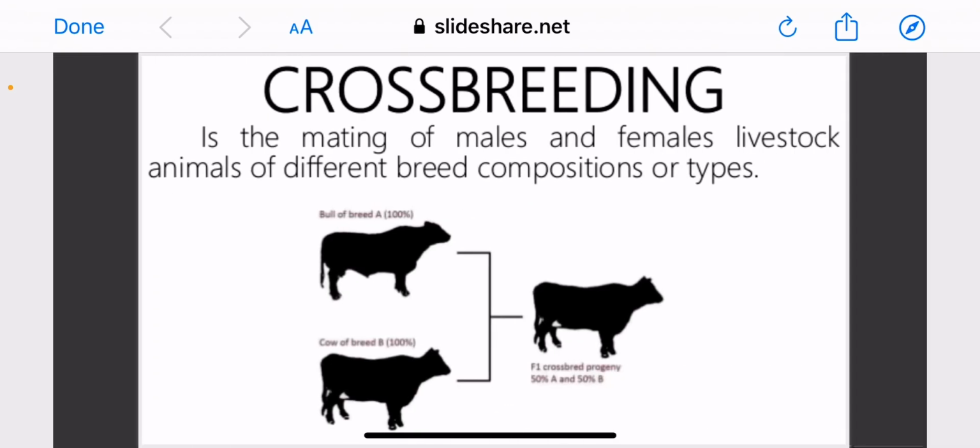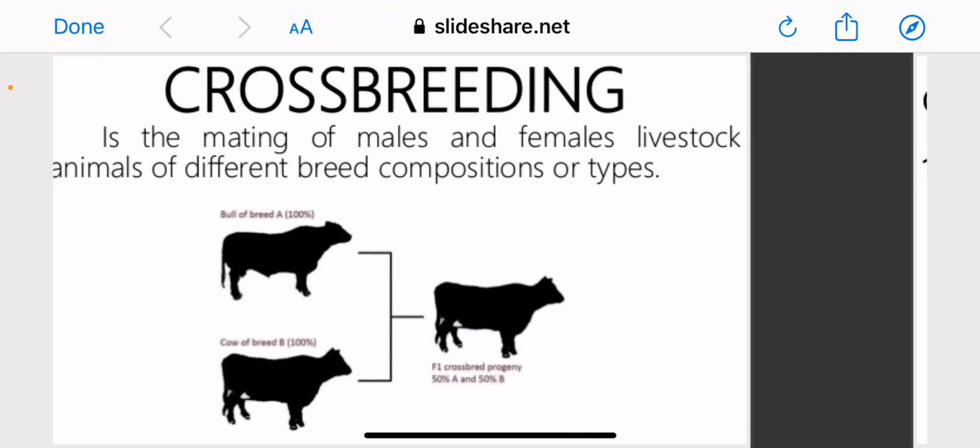And we have crossbreeding, of course, the mating of males and females, livestock animals of different breed composition or type, such as when you mate a bull of breed A and a cow of breed B. So you will have the first filial crossbred generation, having 50% of breed A and 50% of breed B. So this is the F1 progeny.